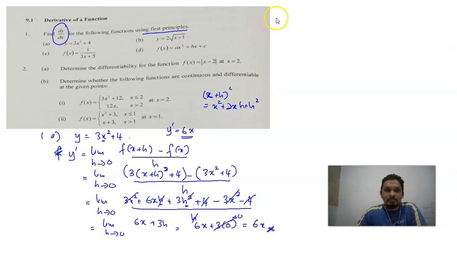Question number b. y equal to 2 square root of x plus 1.